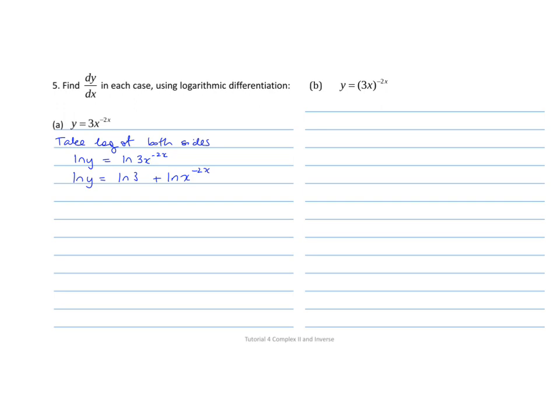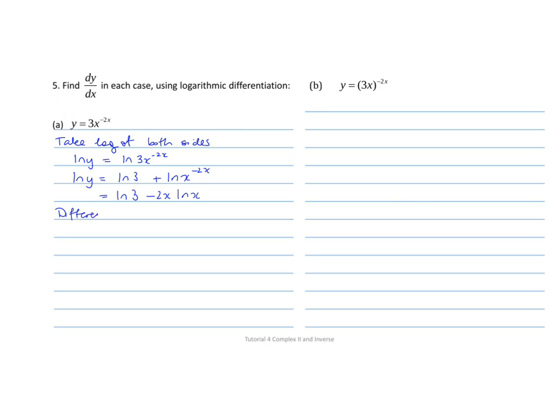It's not. It is only on the x. Now that we've split it up, we can write this out, because now it's a power: minus 2x log x.